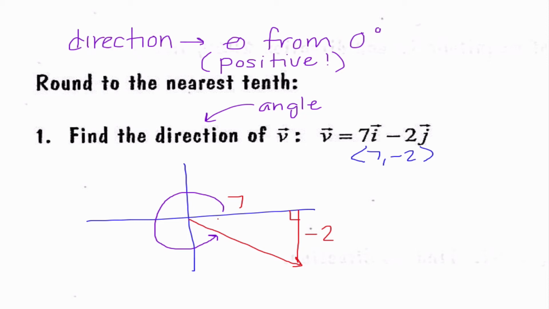What is part of our triangle is this reference angle. And we've learned previously, yes, we're using previous knowledge here, that if I find the tangent or the inverse tangent of this angle, I can set it equal to the opposite over the adjacent. So I'm going to say tan of alpha equals negative 2 over 7.